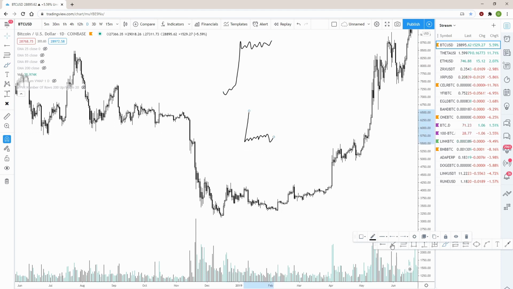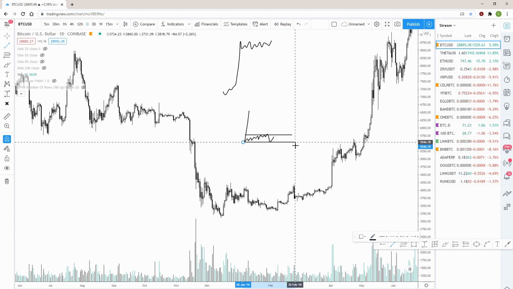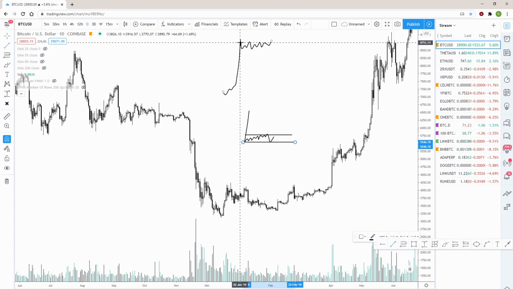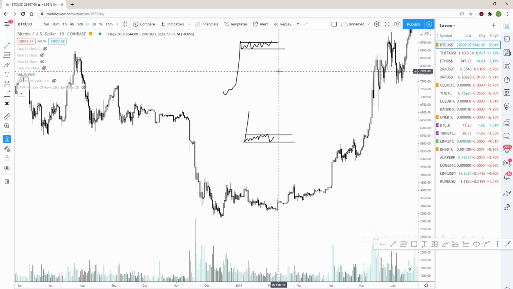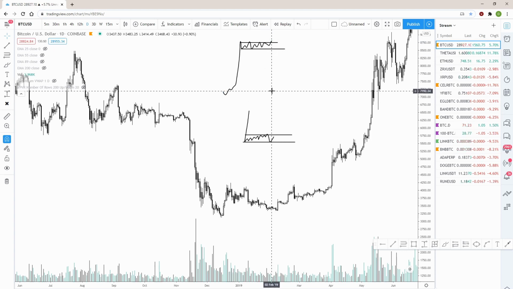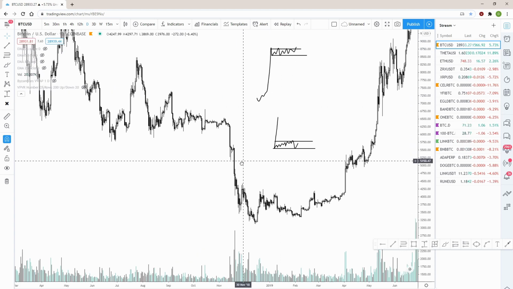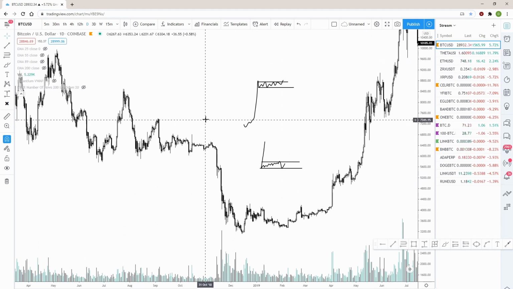And a range is established where you see price hitting the highs and hitting the lows multiple times. This can be a low liquidity state where price is sucking liquidity from both sides of the range. So generally, as I said, it depends on the context of market structure.